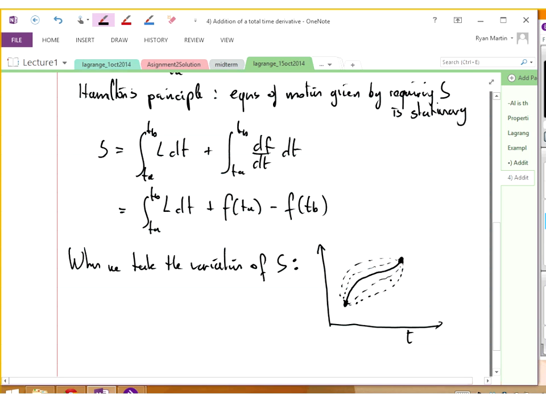So when we do the variation of S, we're considering all these different paths, but all those different paths are fixed at ta and tb. So the variation, if you go back and look at your notes when we derived the Euler-Lagrange equation, the variation is 0 at the endpoints.